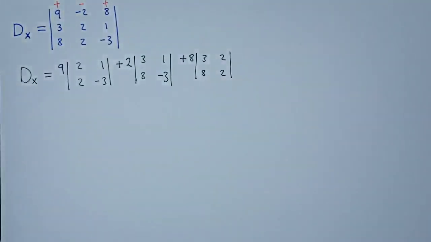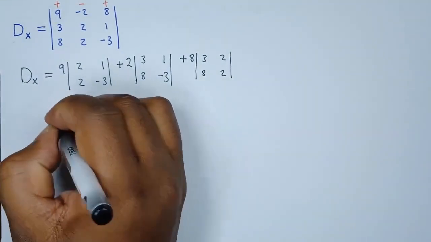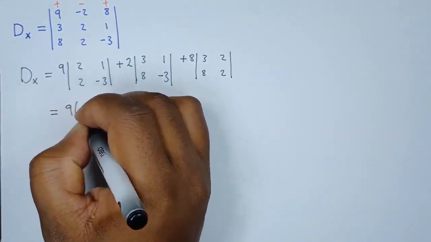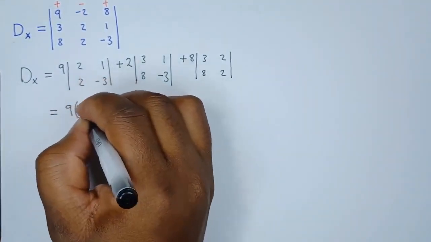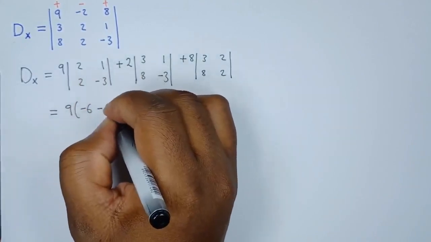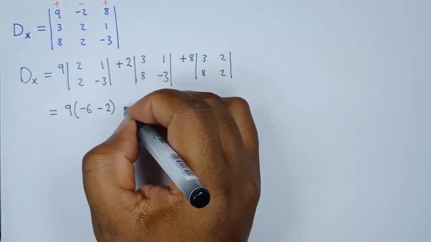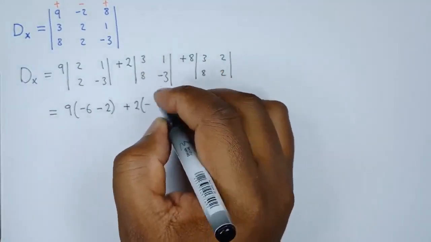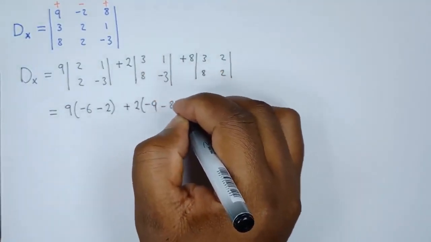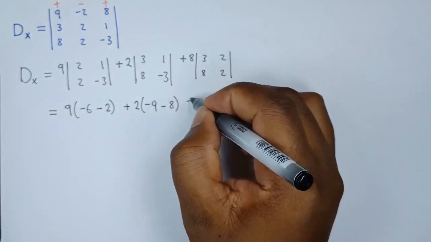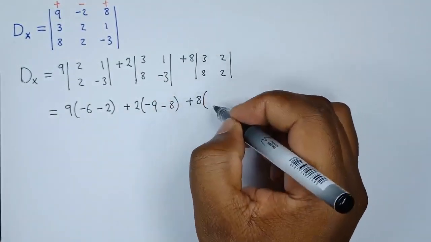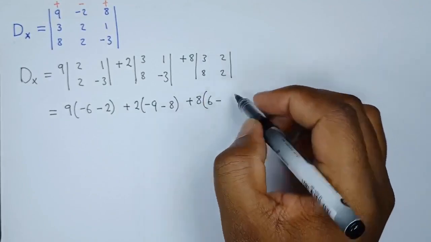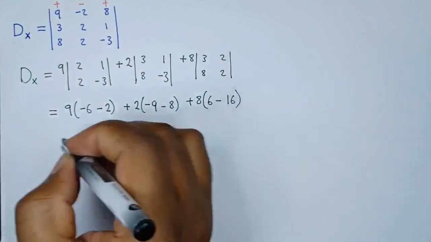Okay, so now it's just a matter of finding the determinants of the 2 by 2s. So this should give us, we still have a 9 there, so that times that is negative 6 minus 2, then plus 2, 2 by 2 will be negative 9 minus 8, and lastly we have 8, this will give us 6 minus 16, like that.